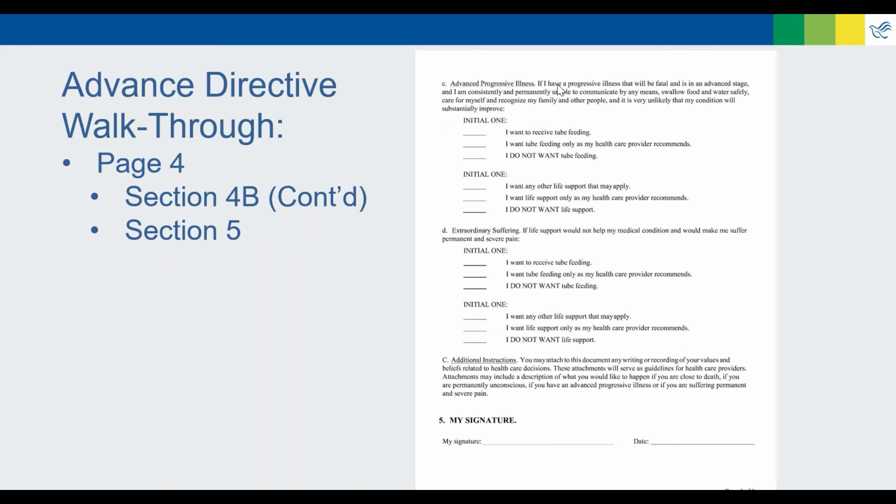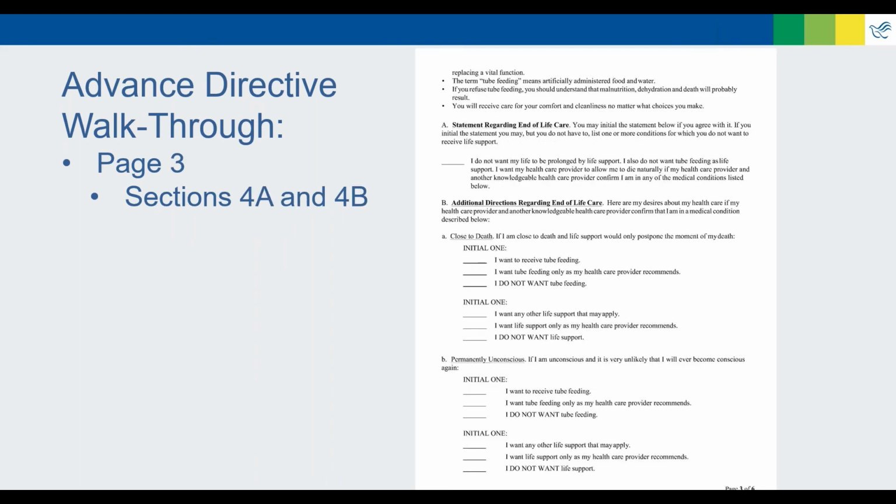And before I go on, I'm going to say that with all 4 conditions, the form offers 3 choices regarding tube feeding and 3 choices regarding any other life support. And the choices are the same in each category.